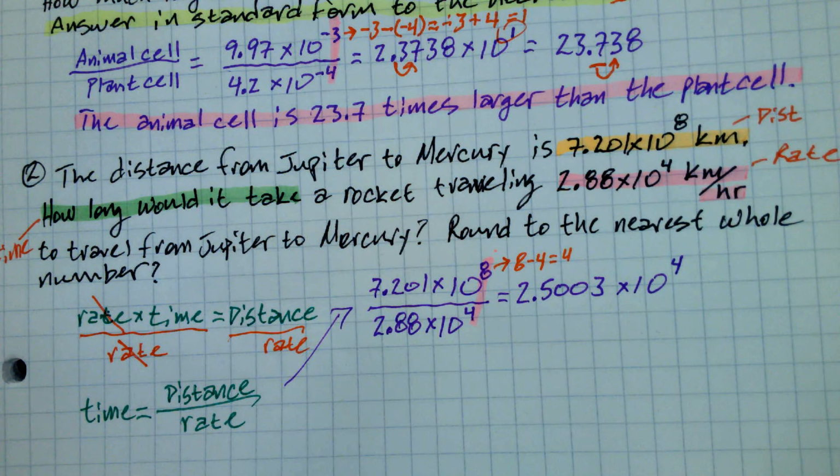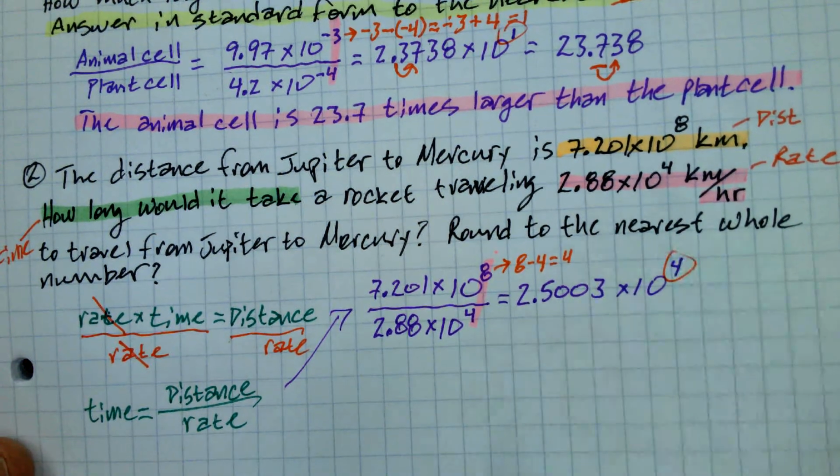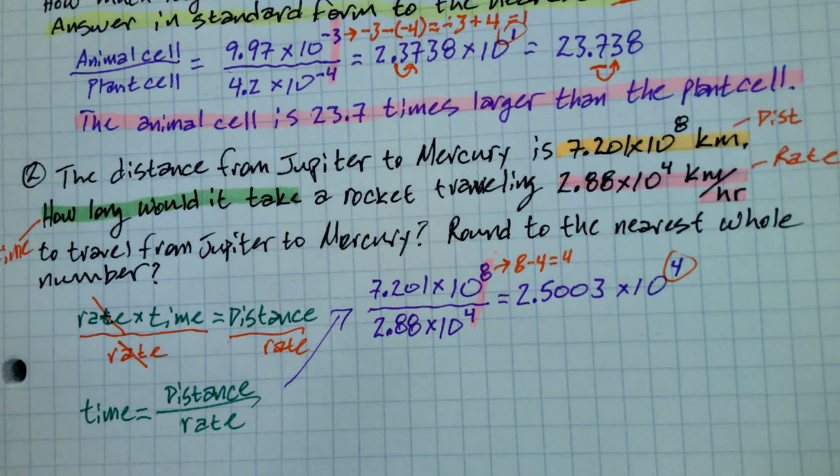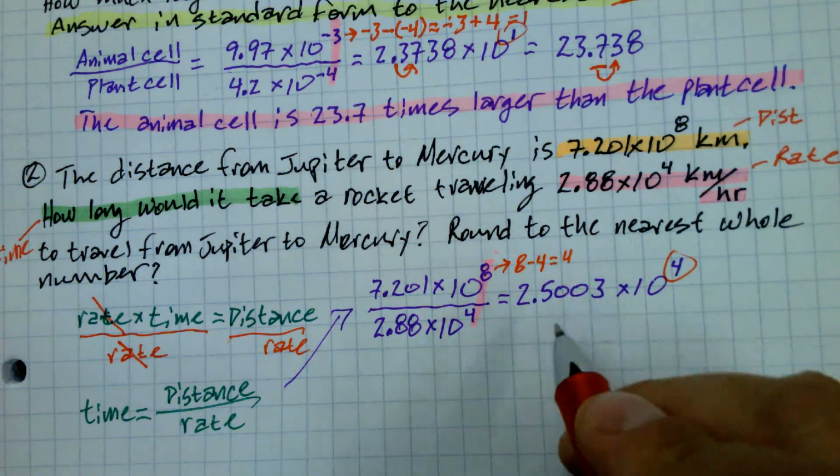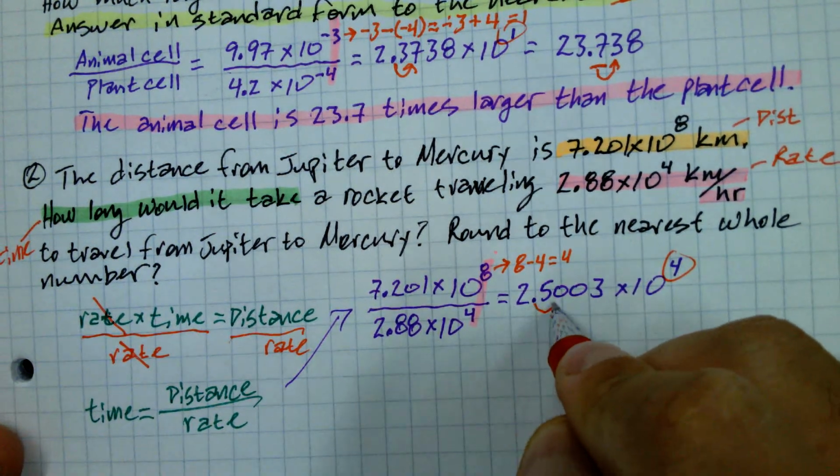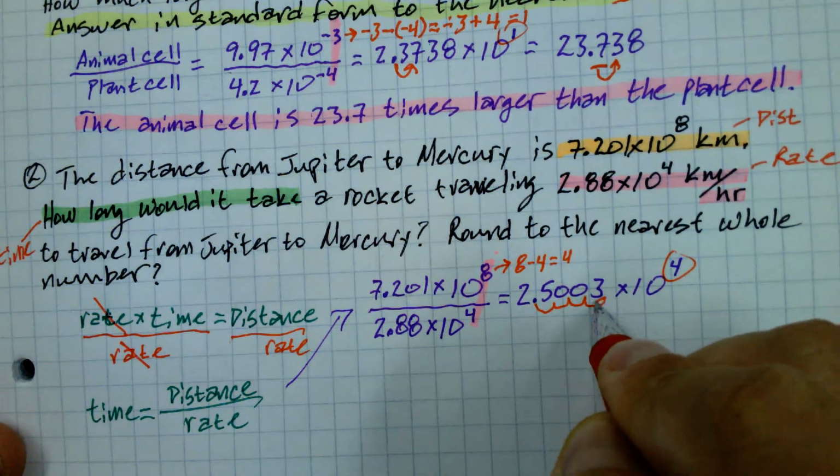So there we go. But that's not an answer in standard form. We've got to convert this. How many times do we have to move the decimal? 4 times. So we're going to push the decimal 4 times to the right. 1, 2, 3, 4.